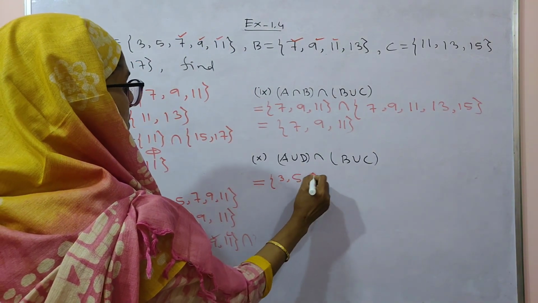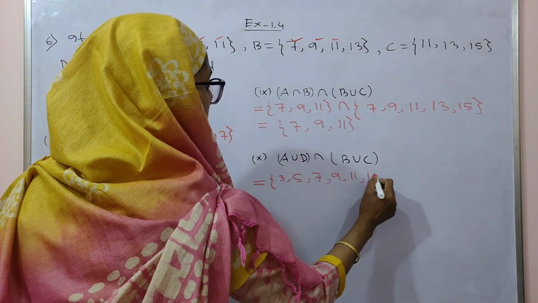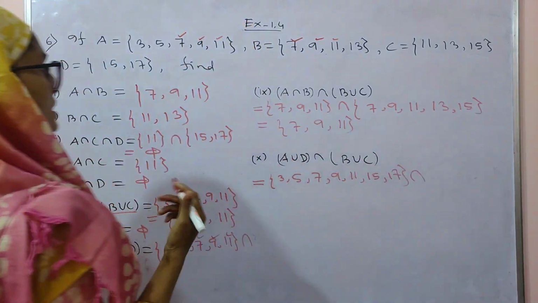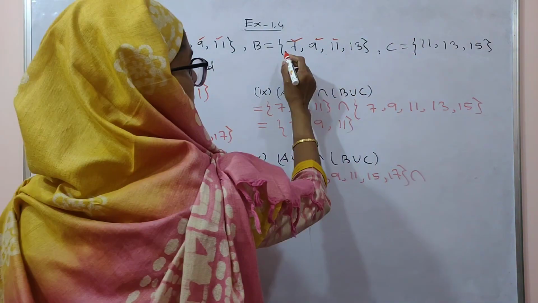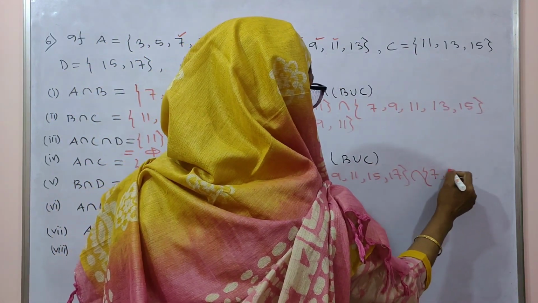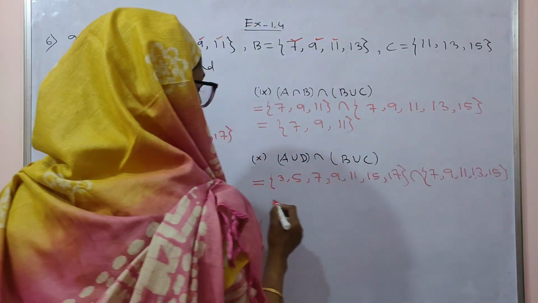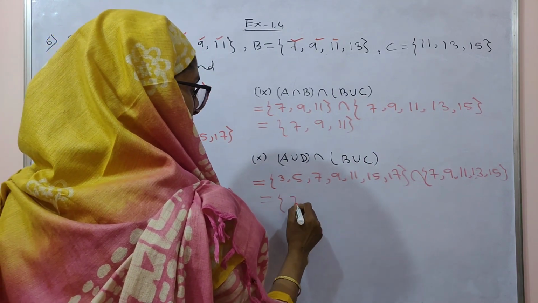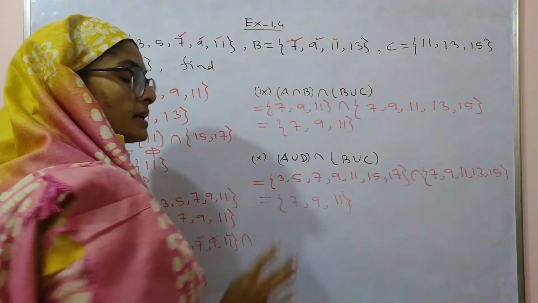Intersection B union C. B union C is 7, 9, 11, 13, 15. So now which are the common elements? 7 common, 9 common, 11 common. Elements are 7, 9 and 11.